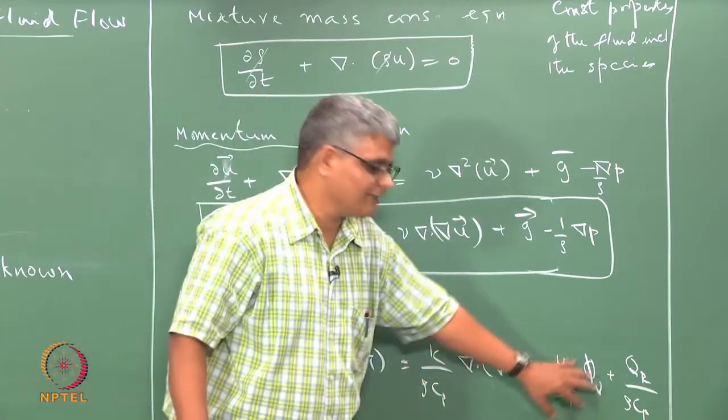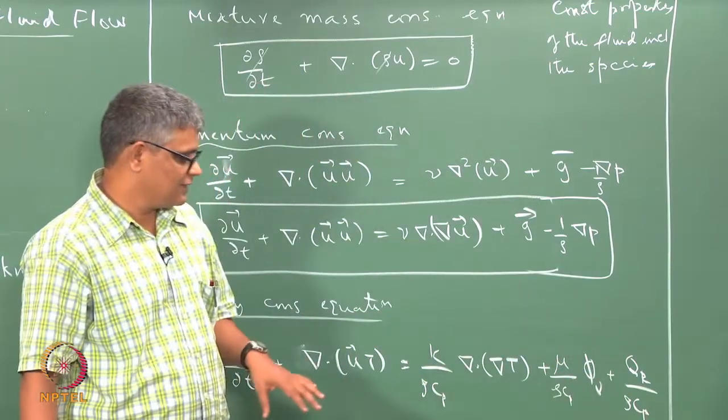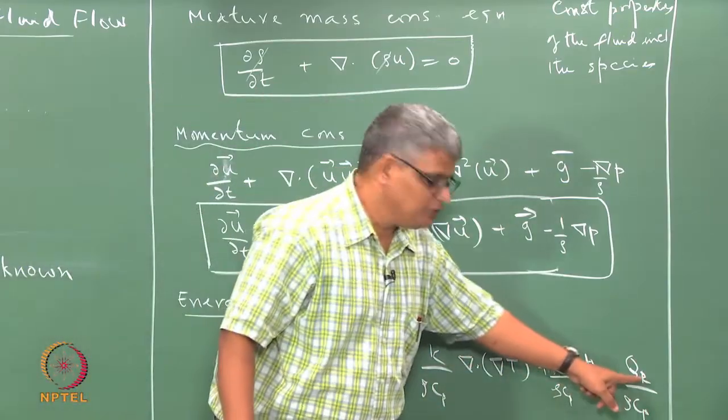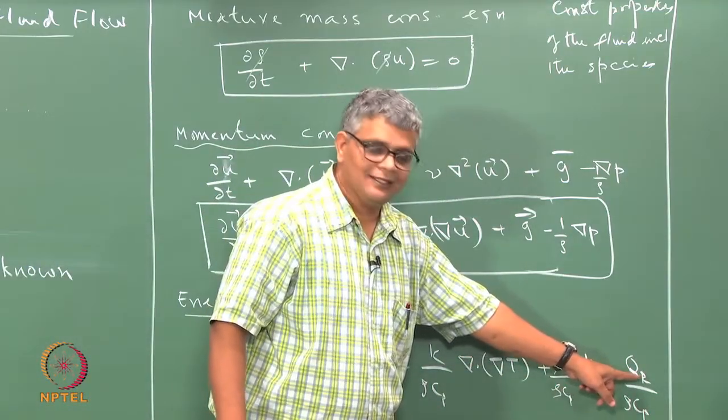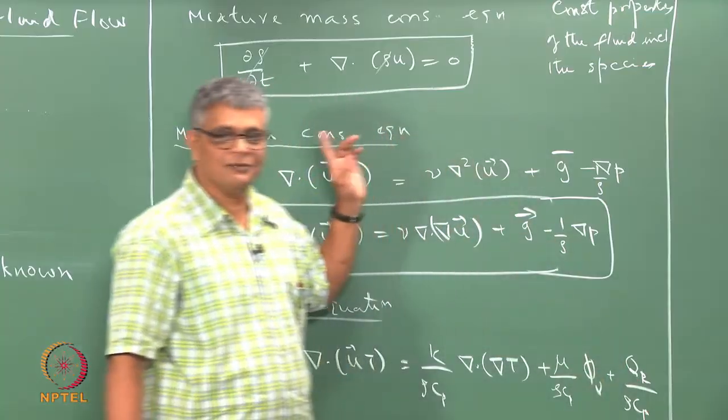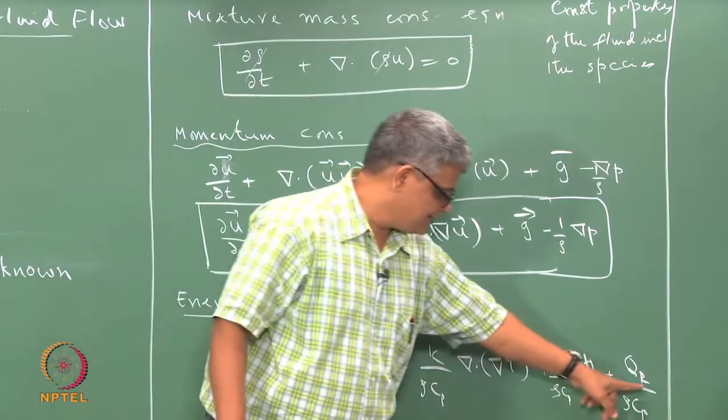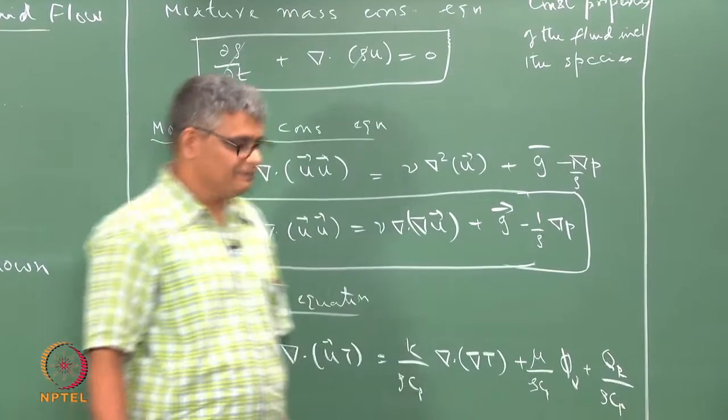This is the rate of work done by the viscous forces, and Qr is the heat release because of the chemical reaction that happens in this, divided by rho Cp.